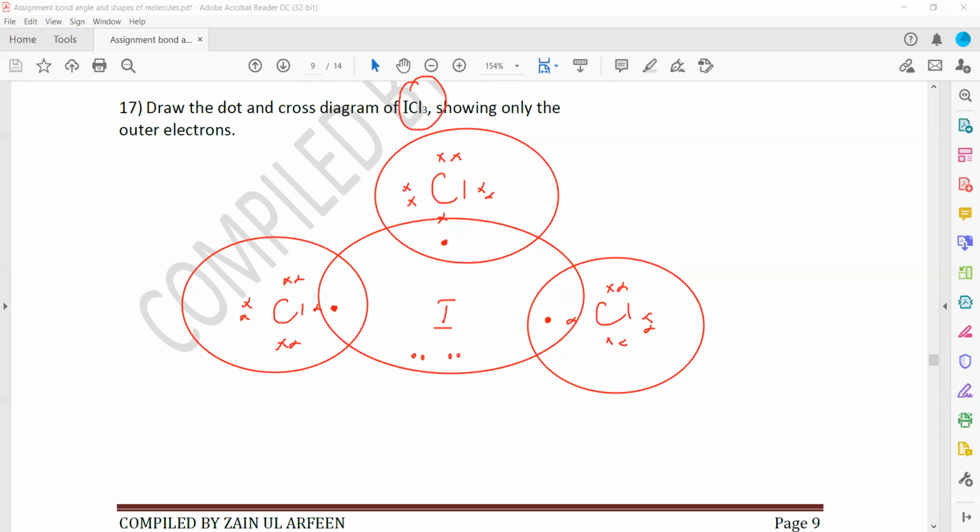Is it clear? This is the structure of ICl3. That's the reason why I gave this question, so you can understand the concept that there can be exceptions as well. Then 22 is there.